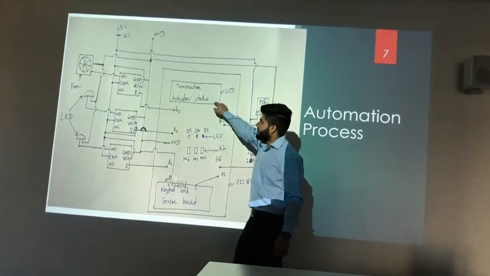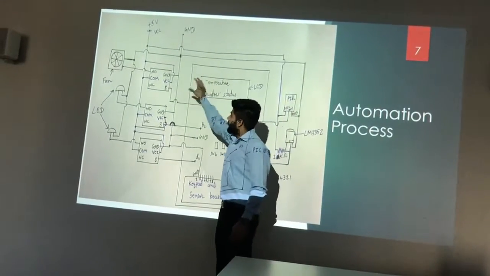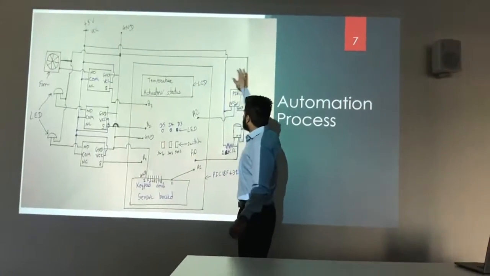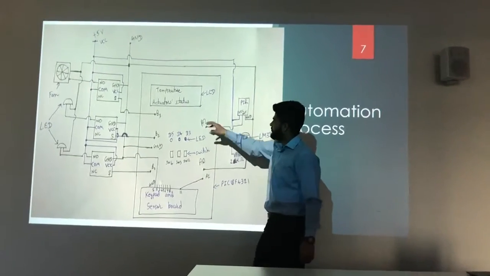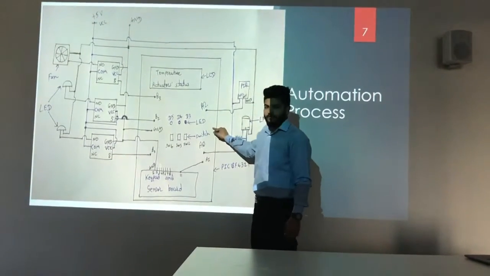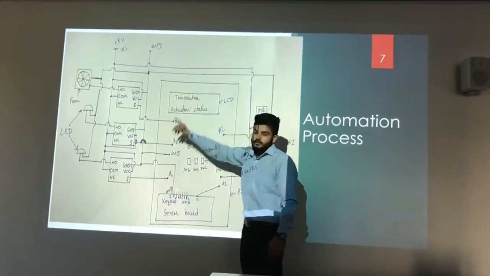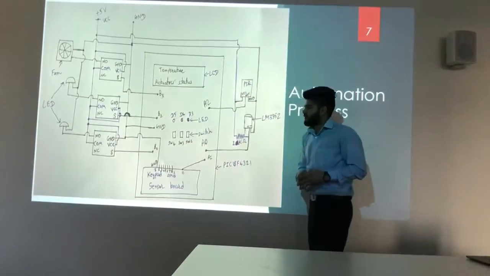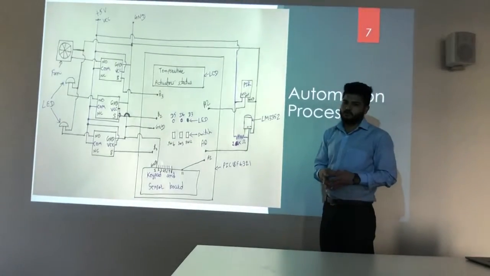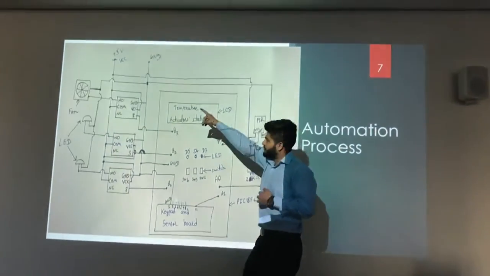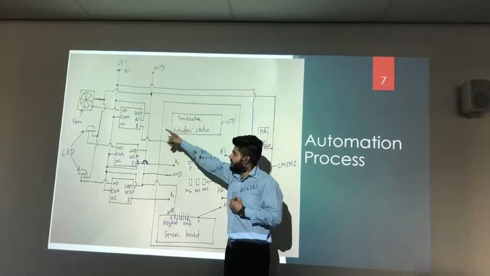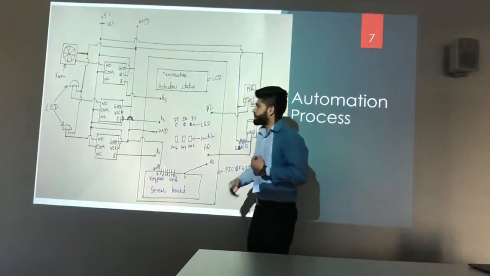There is an LCD, and if you have a look, I've connected all the grounds of the PIC board together and brought them out on one side, and my sensors and actuators all work on plus 5 volts. So I give just one power supply, which is plus 5 volt VCC, and connected them together.